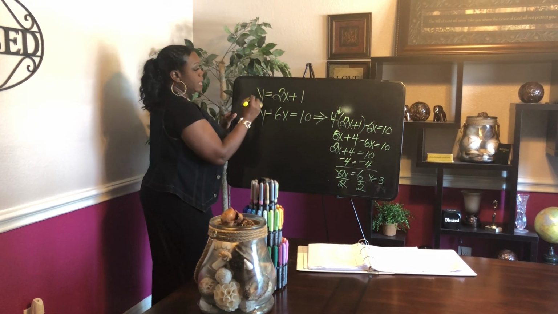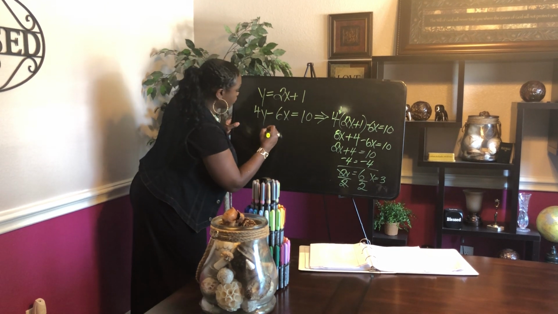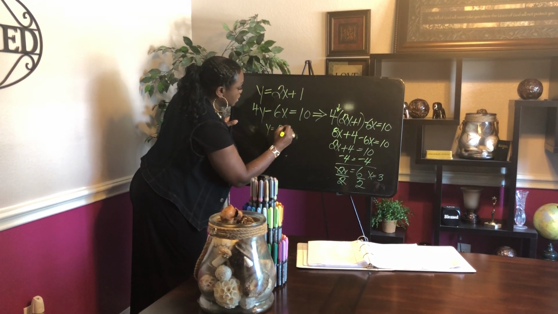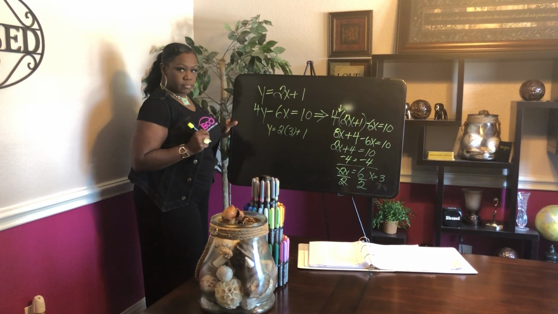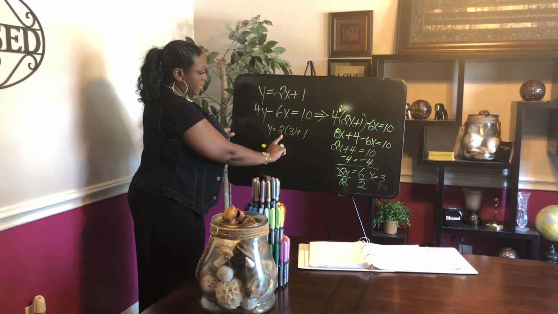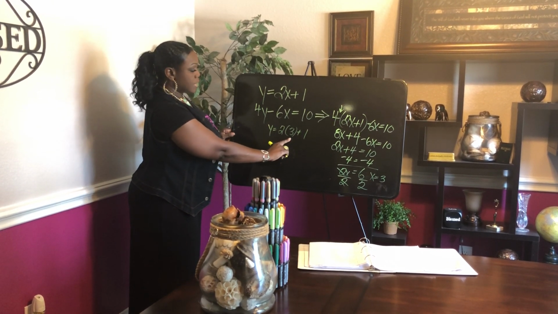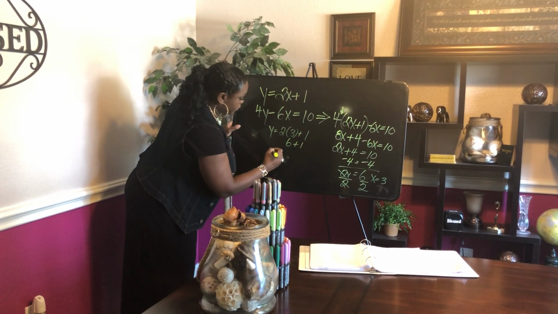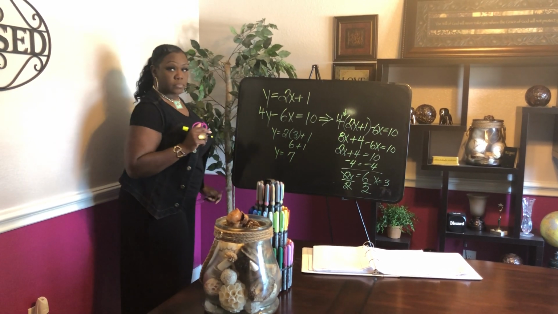So y equals 2 times 3 plus 1. You have no symbol of operation, so you multiply. 2 times 3 is 6, plus 1. Therefore, y is equal to 7.